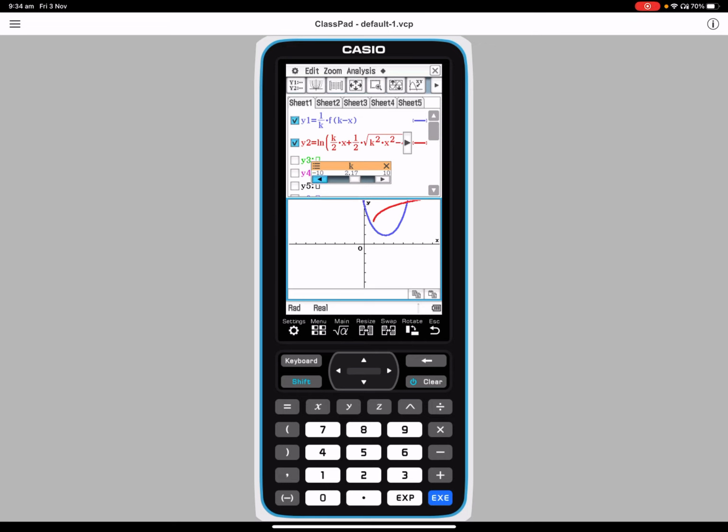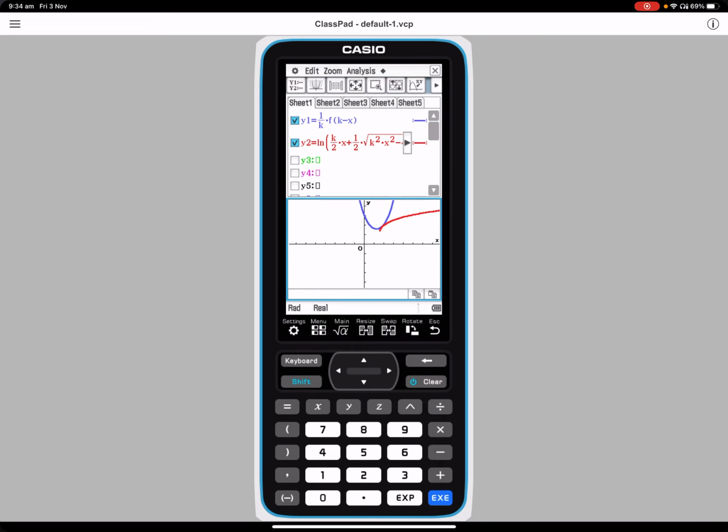So what's the smallest value? If we keep making this smaller and smaller and smaller, so let's see if they intersect. Let's try another smaller value.